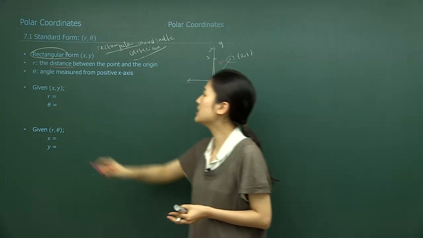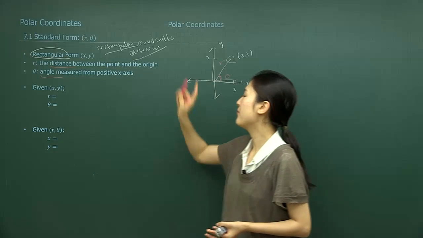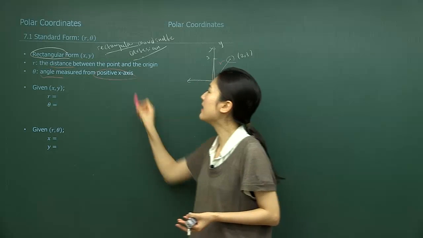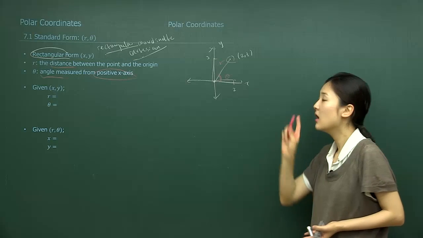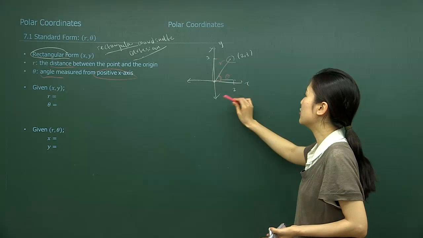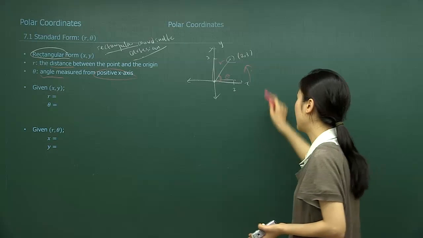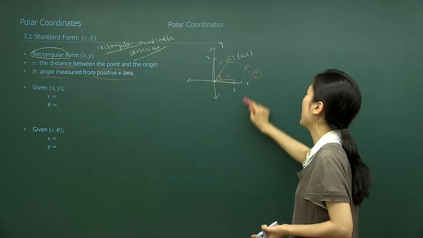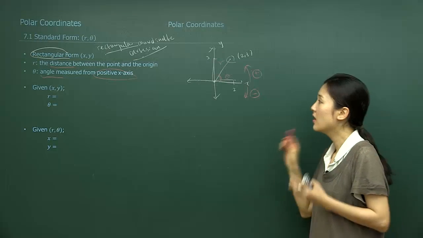The angle can be a little tricky for many reasons. Number one is that the angle measurements have to start from the positive x-axis. If you are measuring the angle this way, you're measuring it in the positive direction. If you do it the other way, then it's in the negative direction.